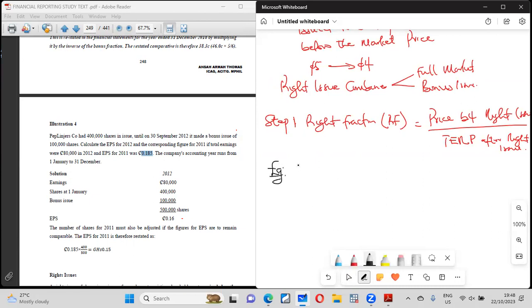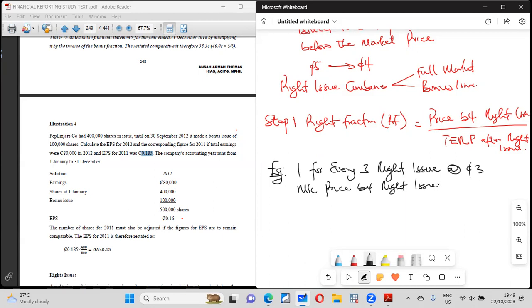If I say 1 for every 3 right issue, and that right issue, 1 for every 3 right issue at, let's say, 3 cedis, and the market price before the right issue is 5 cedis. How will my right fraction be?